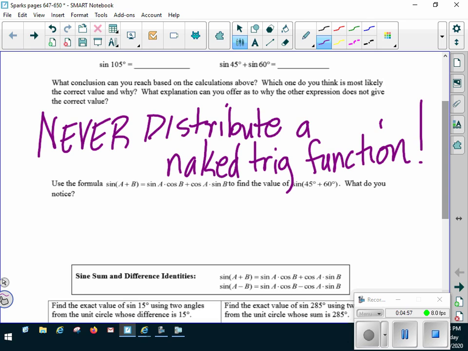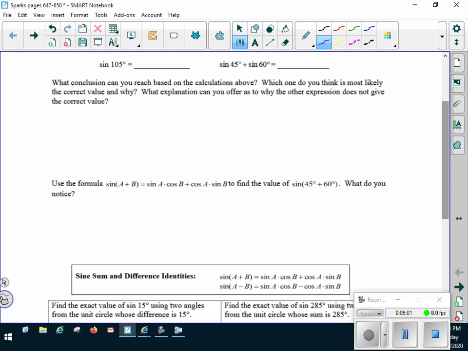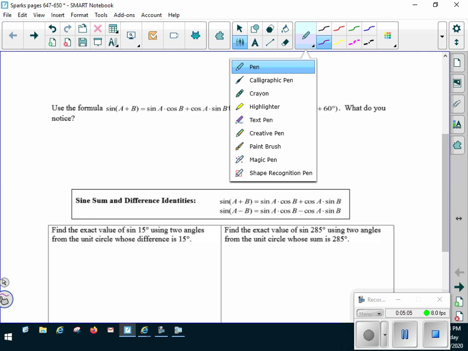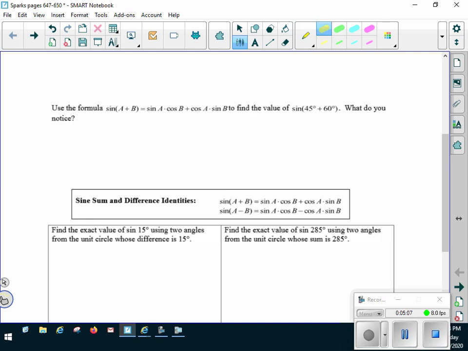Now, there are formulas. I want you to take a look right here. That looks like something you would want to distribute, right? But you can't because that sine out there is naked.